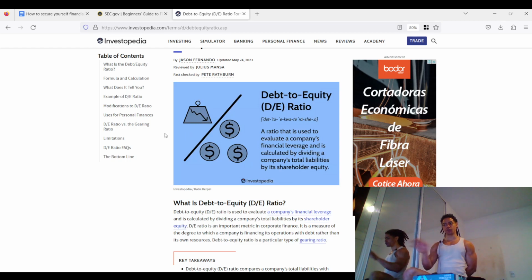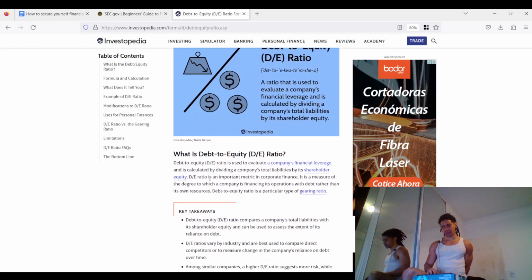This is a simple formula that is used to evaluate the company's financial leverage by dividing the company's total liabilities by its shareholders' equity.